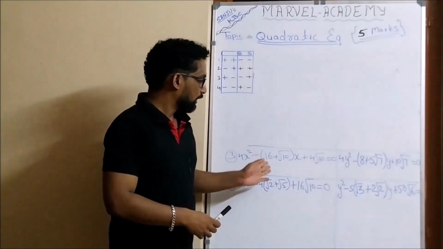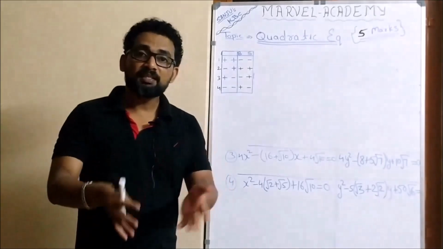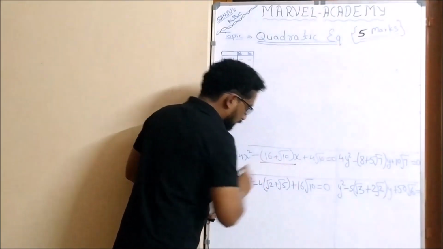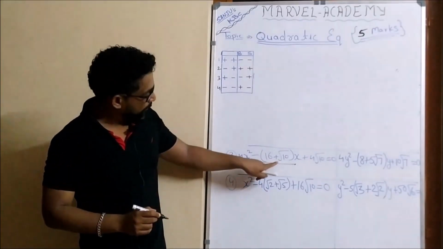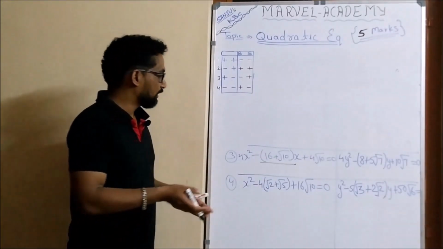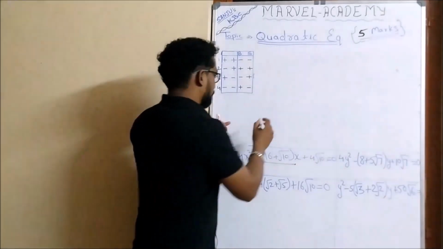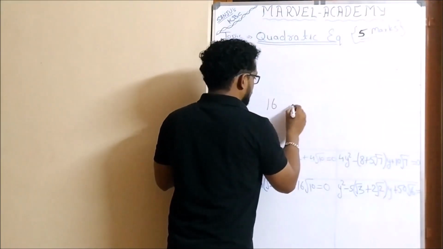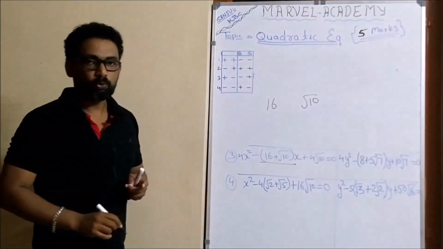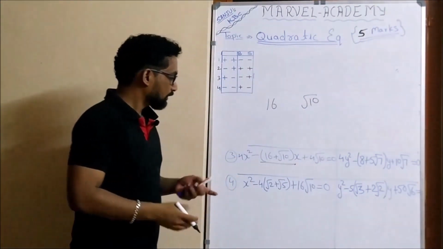So this type is even easier than any other type. Here the middle term is 16 plus root 10. So that is the only factor values. That is, the first factor is 16 and the next one is root 10. Okay. Why?